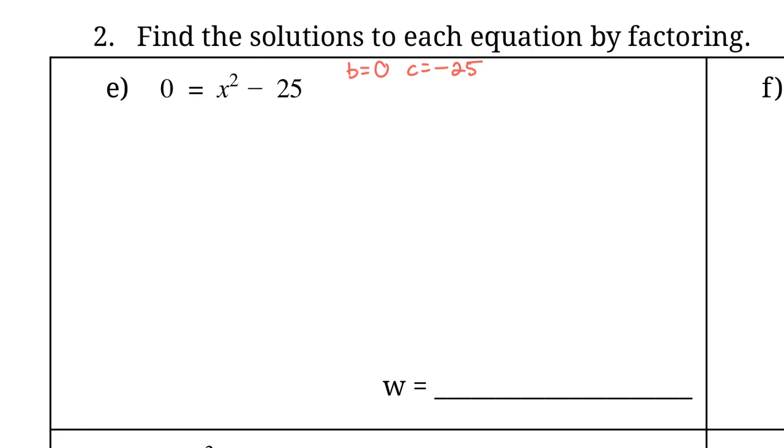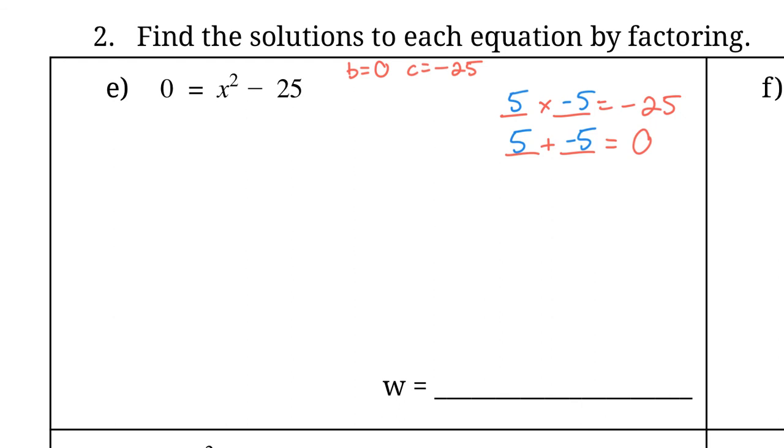So we need to find two numbers that multiply to give us negative 25, and when we add those two numbers, we're going to get 0. And you may go ahead and list out your factors of negative 25 if you need to, but your two numbers should be 5 and negative 5. So 5 times negative 5 is equal to negative 25, and 5 plus negative 5 is equal to 0.